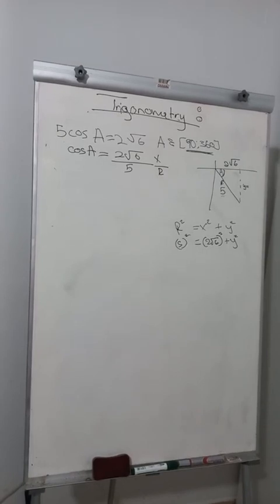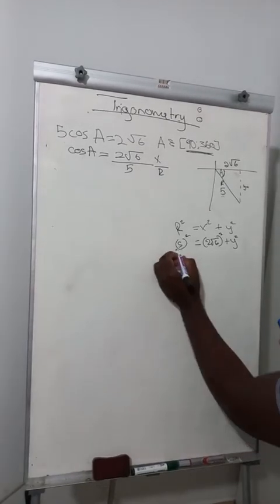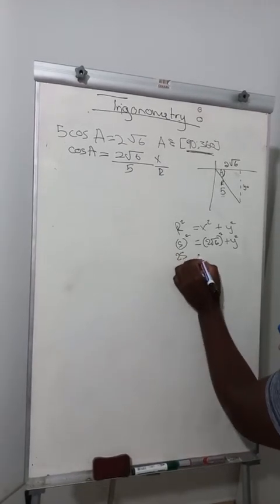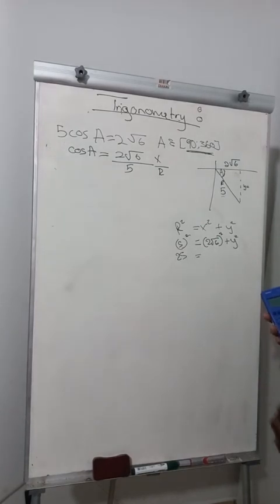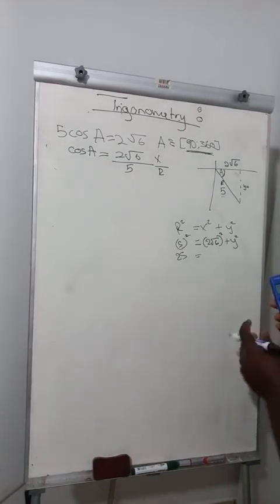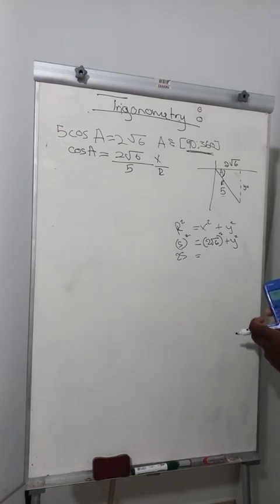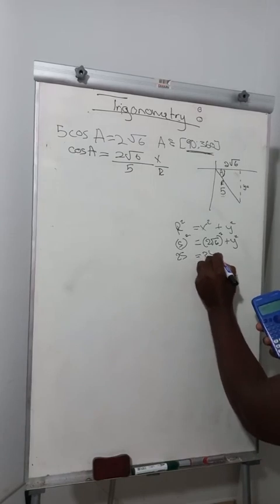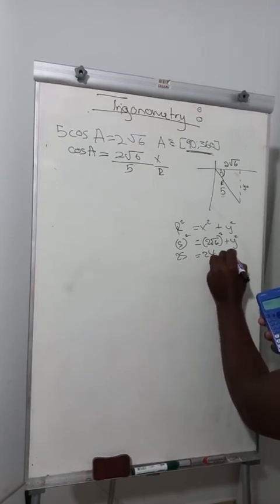So here you can say 25 is equal to 2 root 6 in brackets squared, which gives you 24, plus y squared.